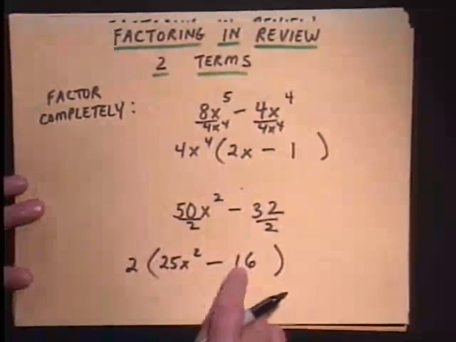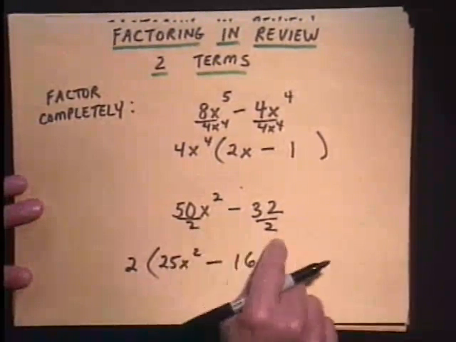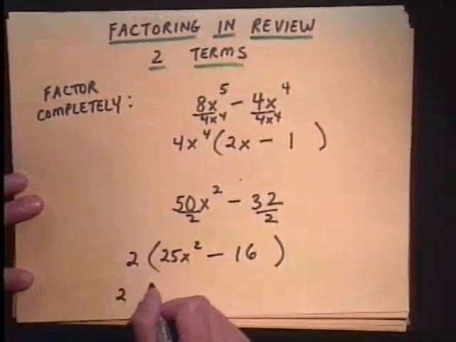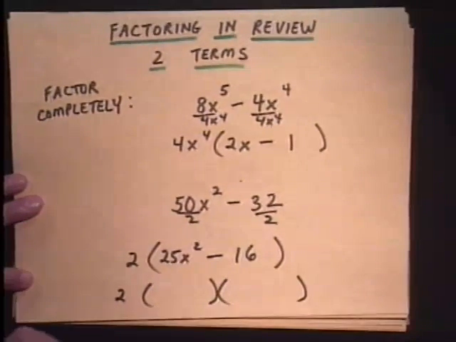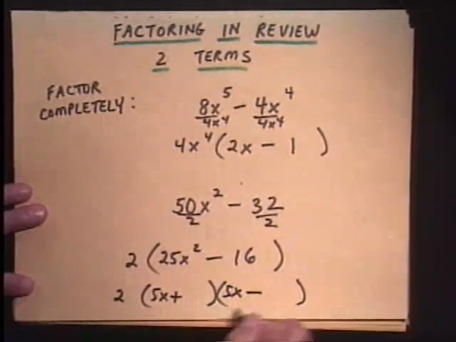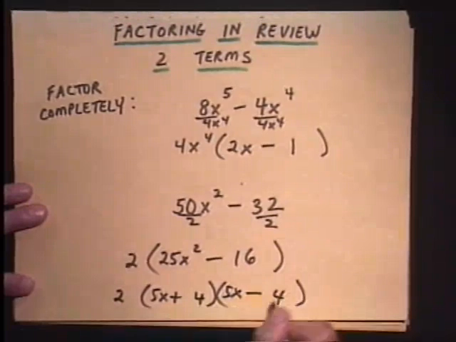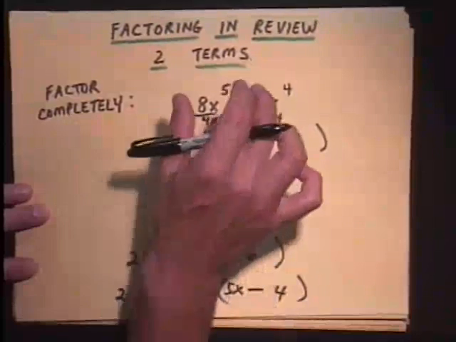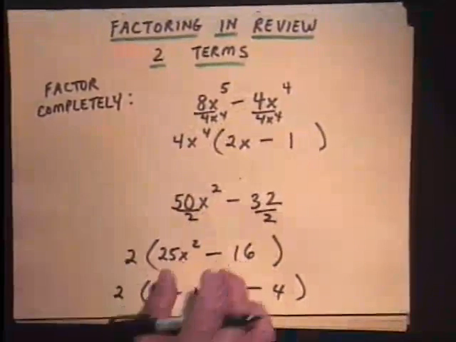No, you must start recognizing, I took a greatest common factor out, and there is the difference of squares. So you can factor that now into 5x plus and minus 4s. And there are your conjugate pairs. Okay, so whenever you factor two terms, look for a greatest common factor and those difference of squares.